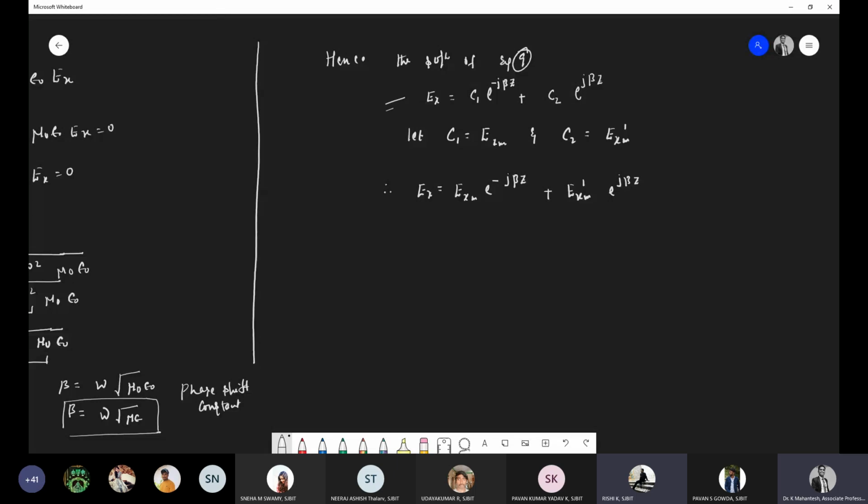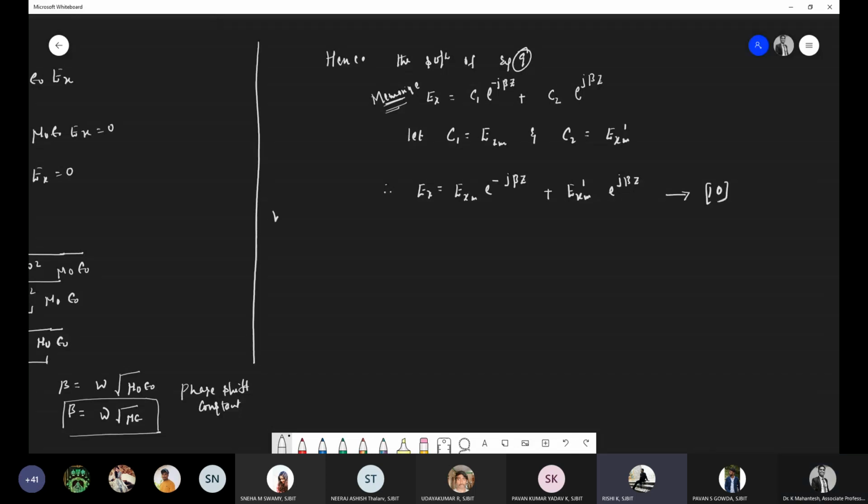So this is a very crucial equation. You have to memorize this, because there is no solution derived by subjecting equation 9 to integral parts. And this is the general wave equation in phasor form.